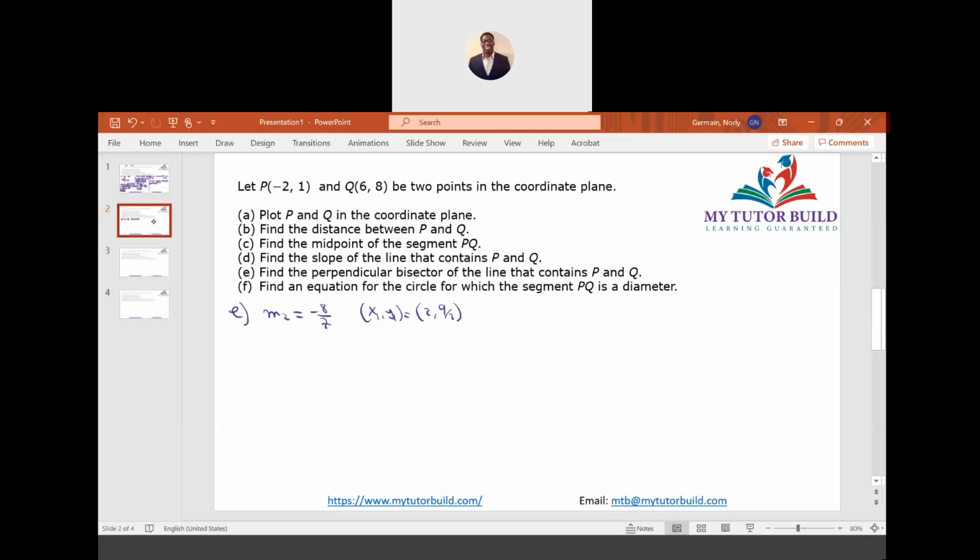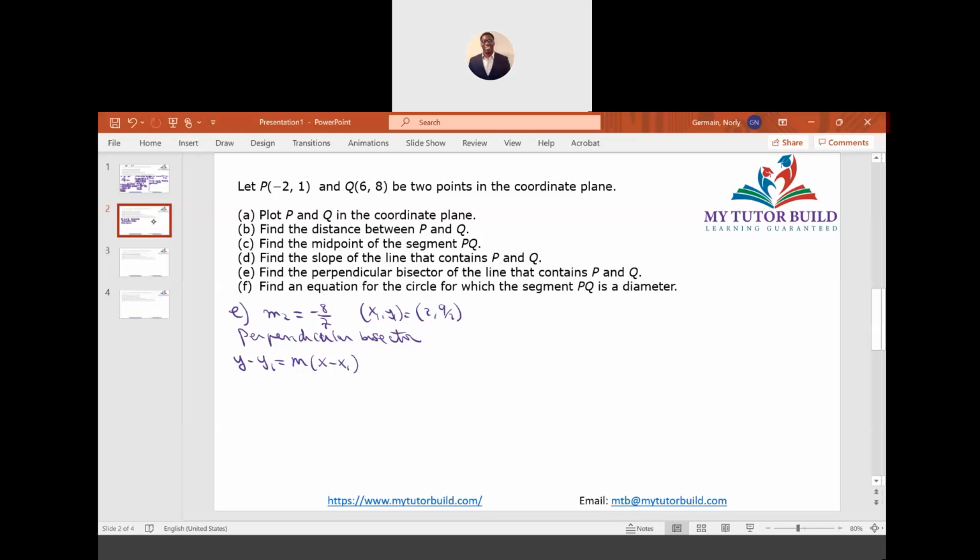Now to find the perpendicular bisector, there is always an equation. It's still the same type of equation we use: y minus y1 equals m times x minus x1. All we need to do here is to use the new slope.